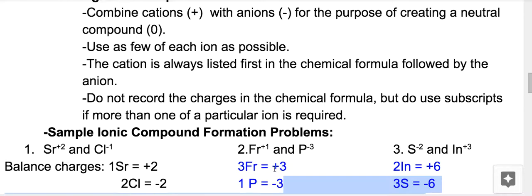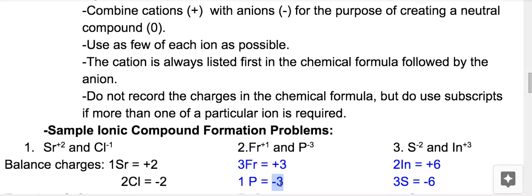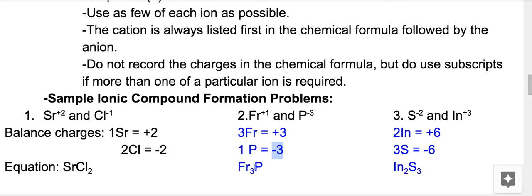We multiply our 1 by 3. So if we take 3 franciums times a charge of +1, now we've got a charge of +3. If we take 1 phosphide, which has a charge of -3, then our charge is -3. Our +3 and our -3 balance out, so we have Fr3, the 3's after the francium because we needed 3 franciums, and then we've got the P here for phosphide.